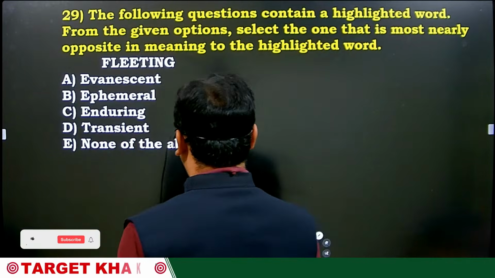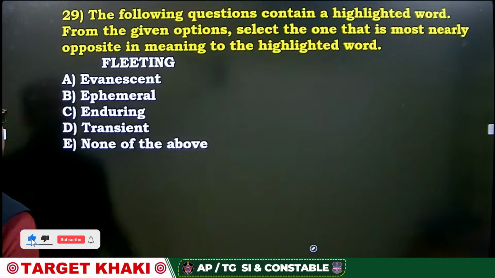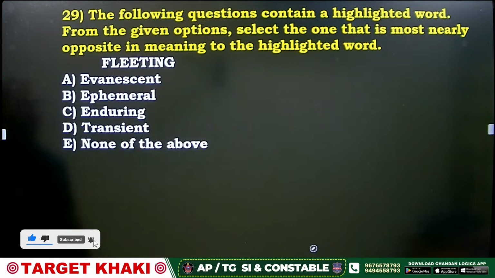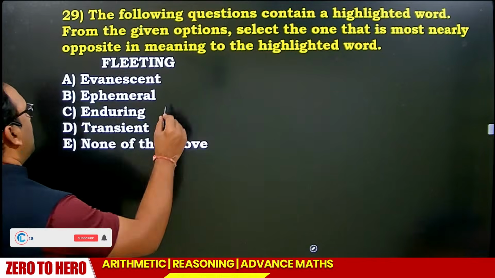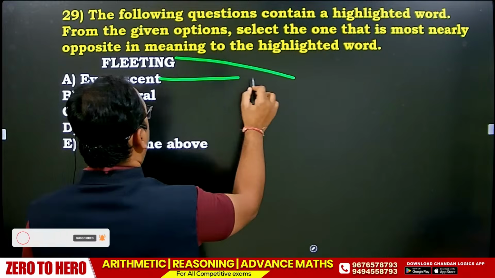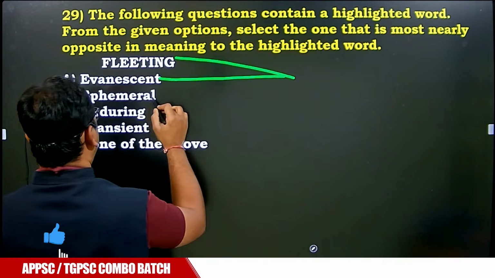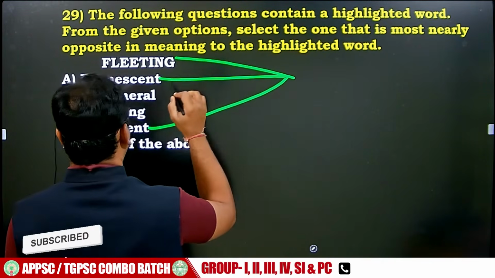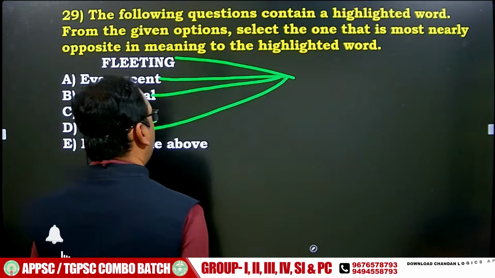Okay, fleeting. My dear friends, what is the meaning of fleeting? What is the meaning of evanescent? What is the meaning of transient? What is the meaning of ephemeral? Temporary.